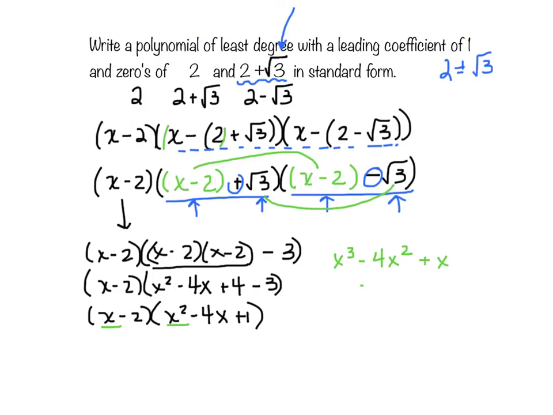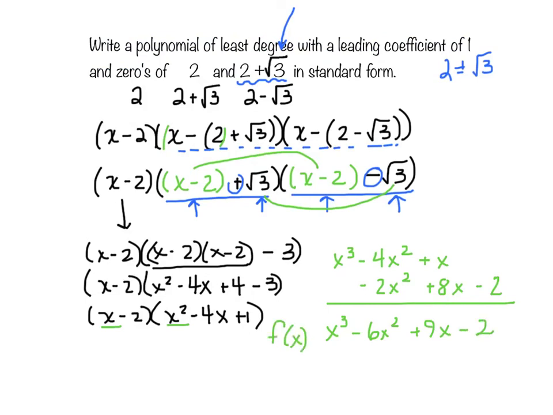Distribute the negative 2, so negative 2 times x squared, negative 2 times negative 4x, and negative 2 times 1. So I get x cubed minus 6x squared plus 9x minus 2. So my function that goes through those 3 zeros is this one down here. And notice the degree is 3 because I have 1, and this really is 2.